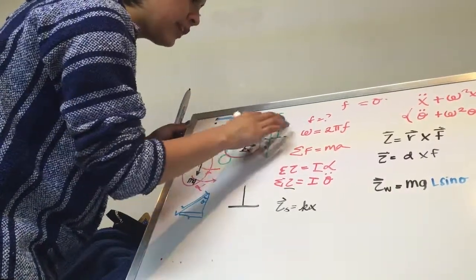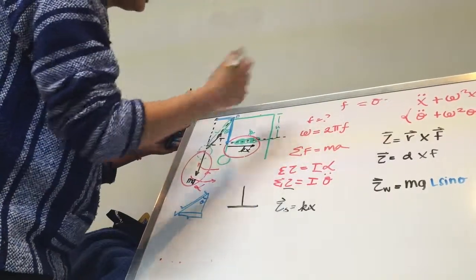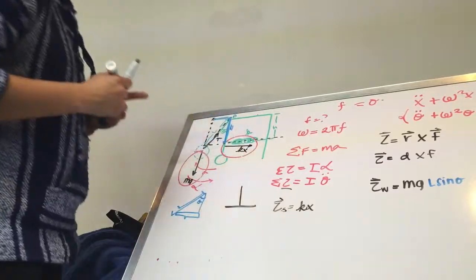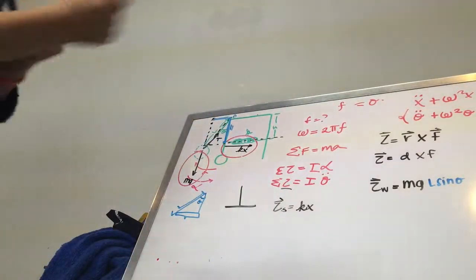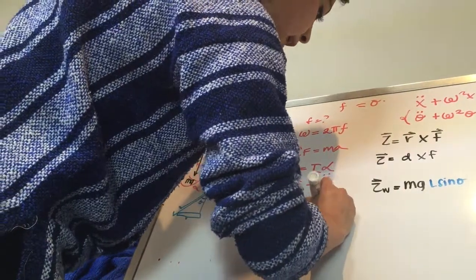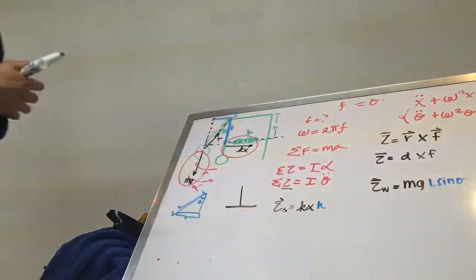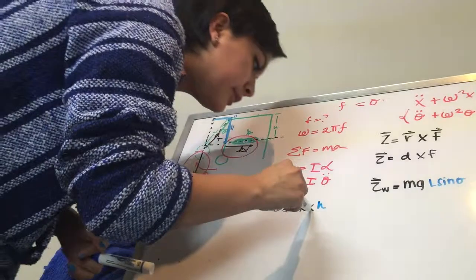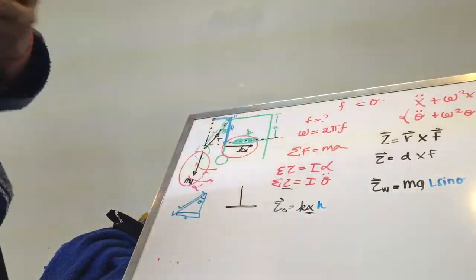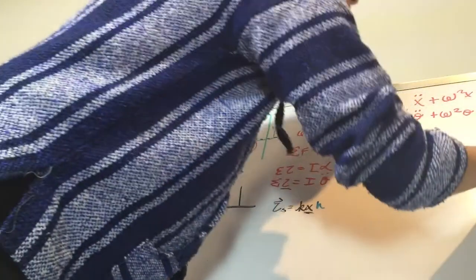Here H works as the distance, because it's the same distance from here to here. So we're going to multiply it times H. But now we're going to take out the X, which can be taken out from our system.